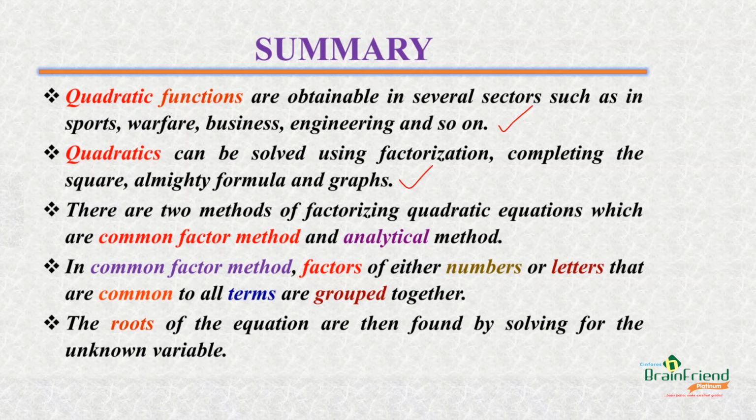We also learned that there are two methods of factorizing quadratic equations, which are common factor method and analytical method. We also learned that in common factor methods, factors of either numbers or letters that are common to all terms are grouped together. And lastly, we learned that the roots of the equation are then found by solving for the unknown variable.